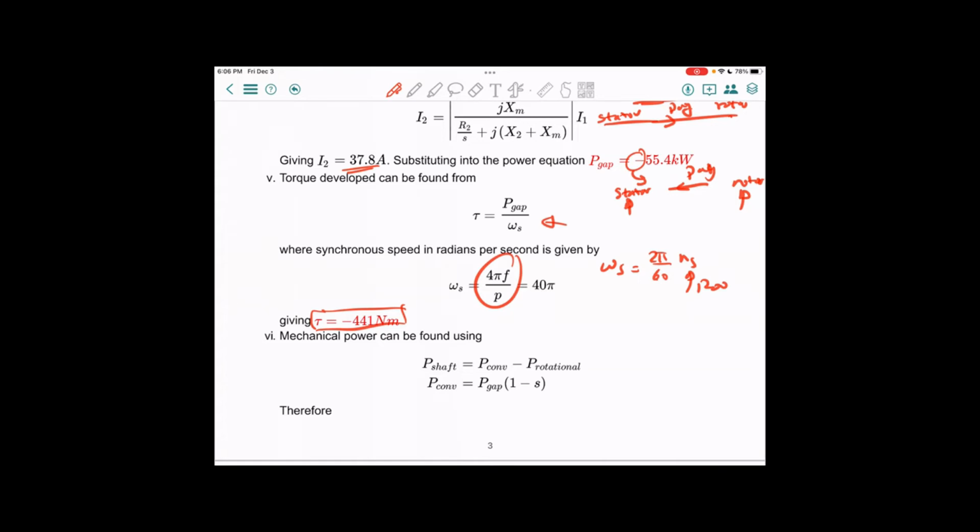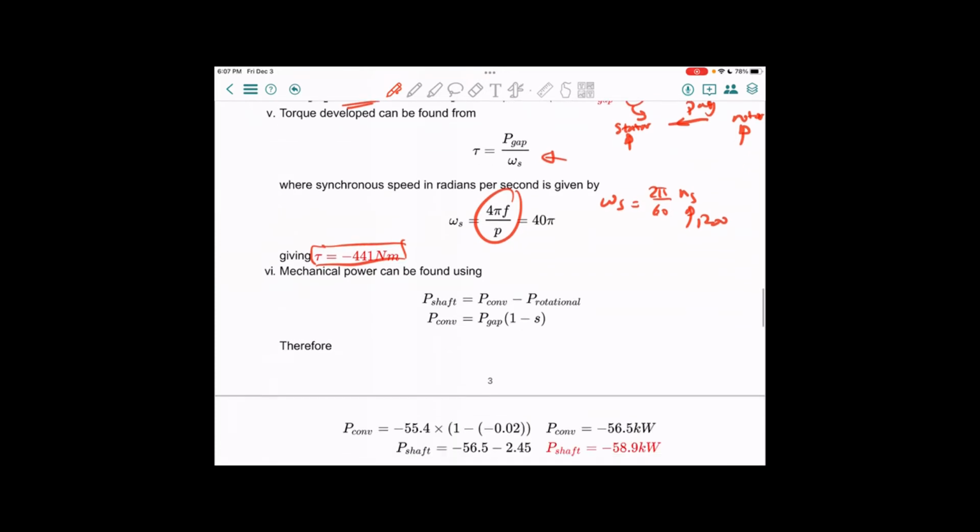That means the torque is changing direction. Rather than being out of the machine, it's going into the machine. And that's how you deal with a generator, because you need to put mechanical torque from an external mechanical source to the rotor to force the rotor to rotate. That's why the torque is negative, because it's changing direction also, from being output to being input.